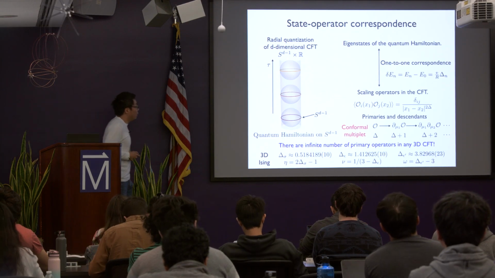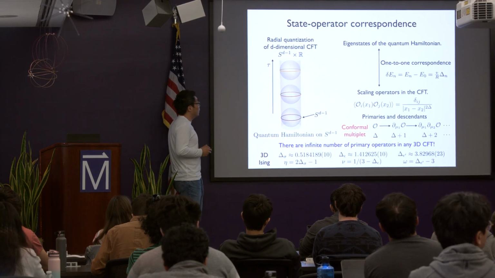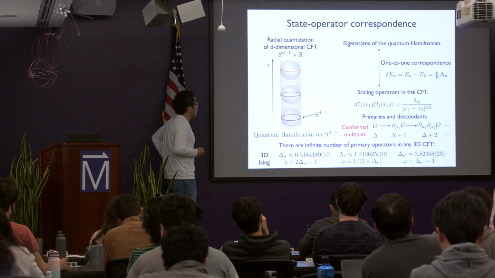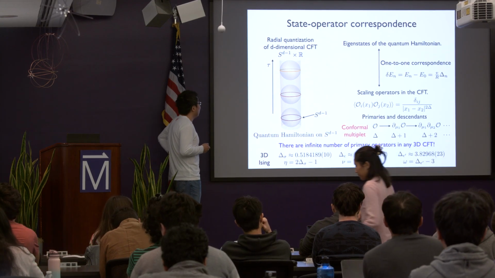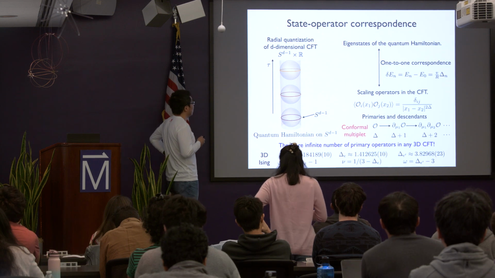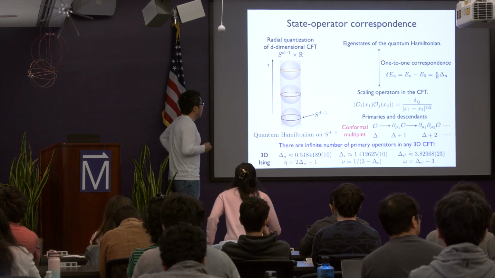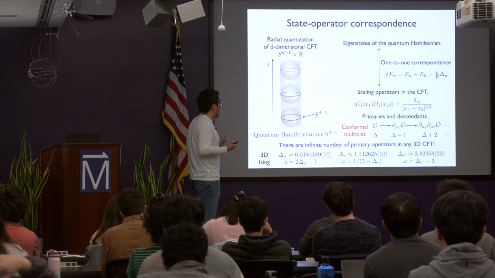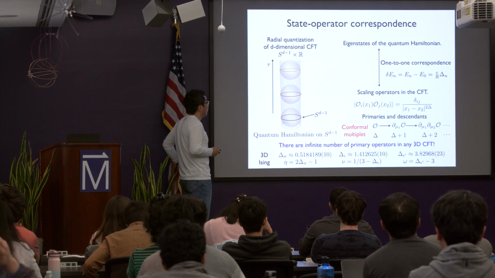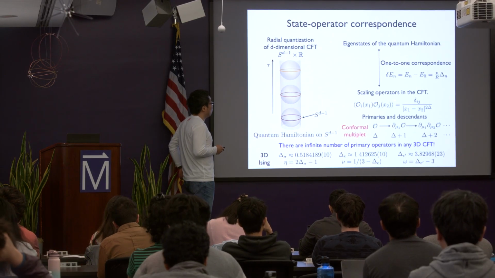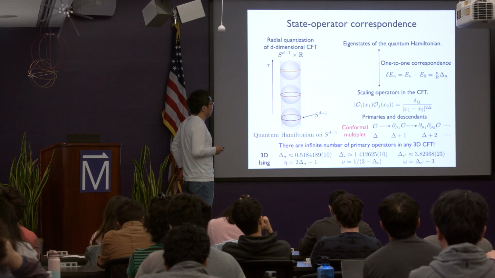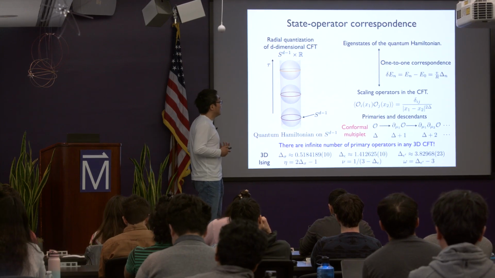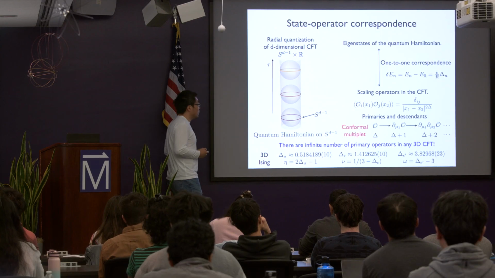And the CFT on a sphere has many nice properties. One of the nicest things is the so-called state-operator correspondence, meaning that the eigenstates of the quantum Hamiltonian are in one-to-one correspondence with the scaling operators in the CFT, and particularly the energy gaps will be the scaling dimensions of the CFT.